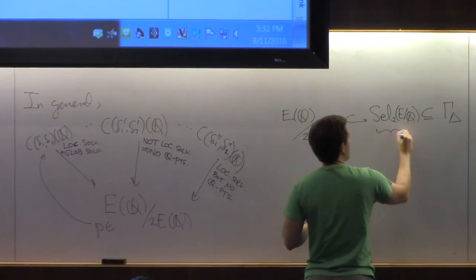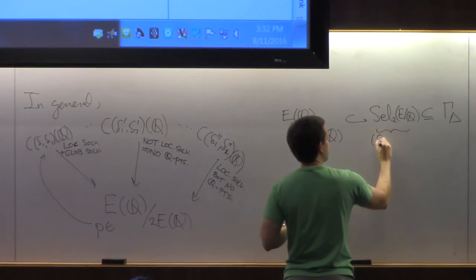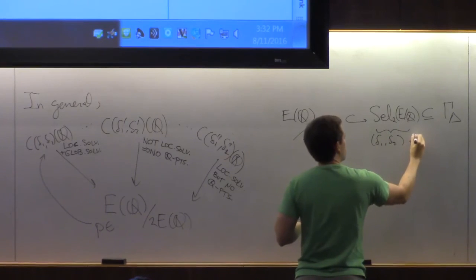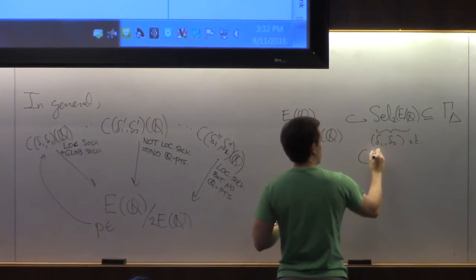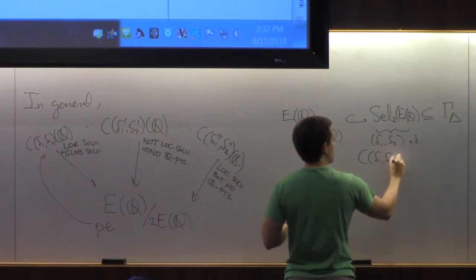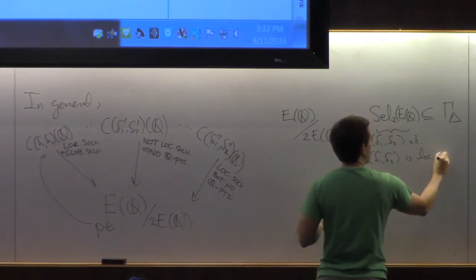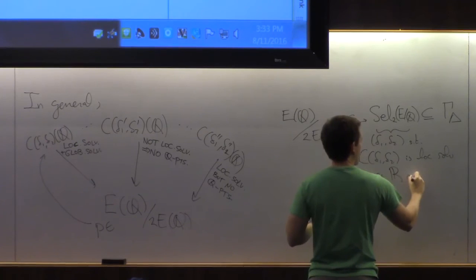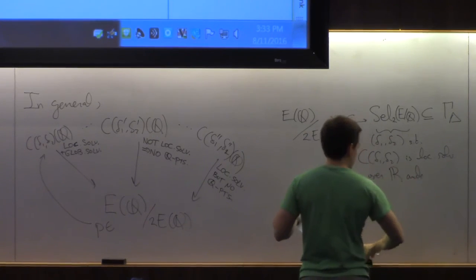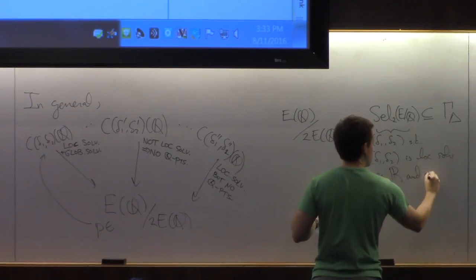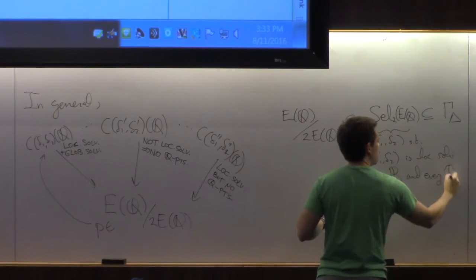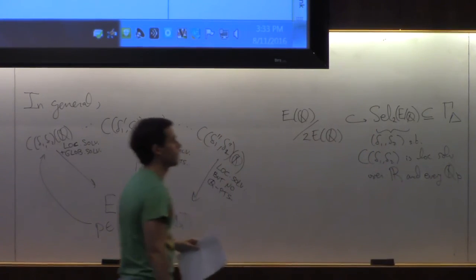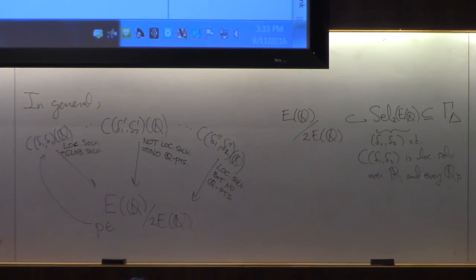And these are going to be the deltas such that the corresponding homogeneous space is locally solvable over R and every Q_p. Okay, so that's the first start.